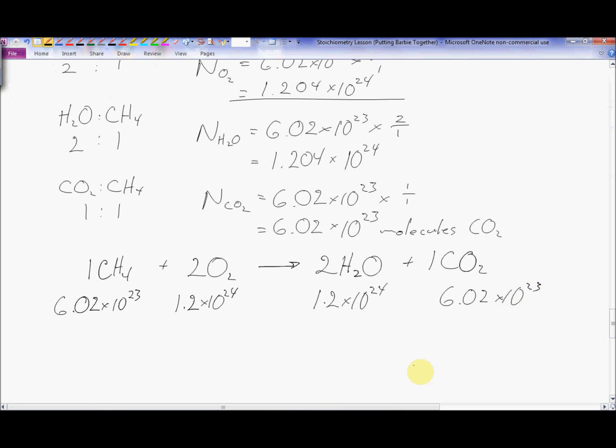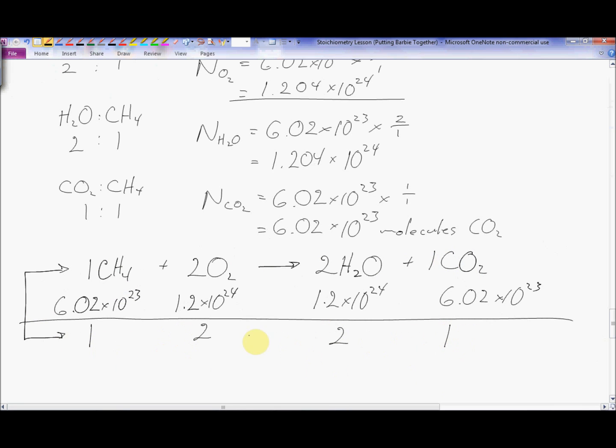molecules of carbon dioxide, which, if we convert that into moles, would be 1 mole of methane, 2 moles of oxygen, 2 moles of water, and 1 mole of carbon dioxide. So as you can see, the coefficients that we had in the initial equation match up with the number of moles in this line here.